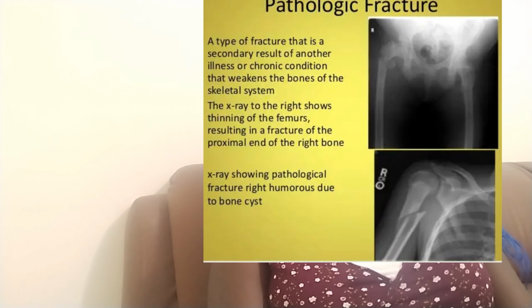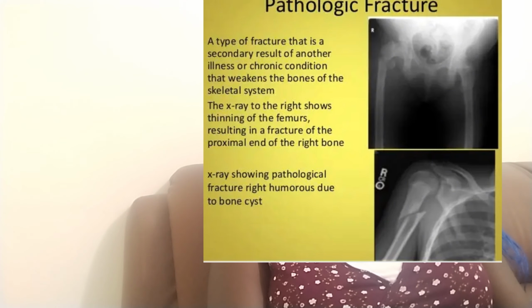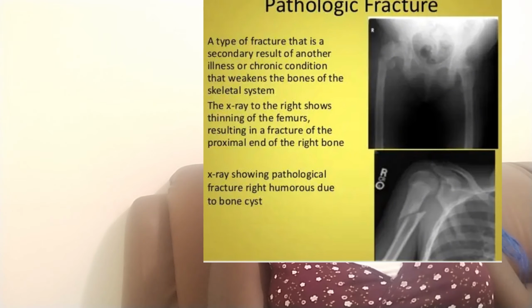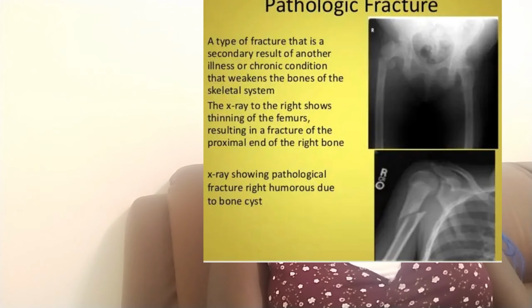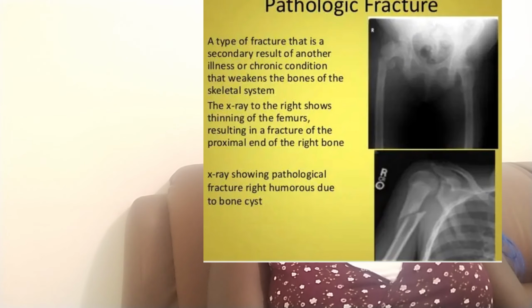So we have pathological fractures. These are fractures that occur in a diseased bone, like osteogenesis imperfecta or osteoporosis. They occur when a normal or little stress is applied to a bone and it just fractures.